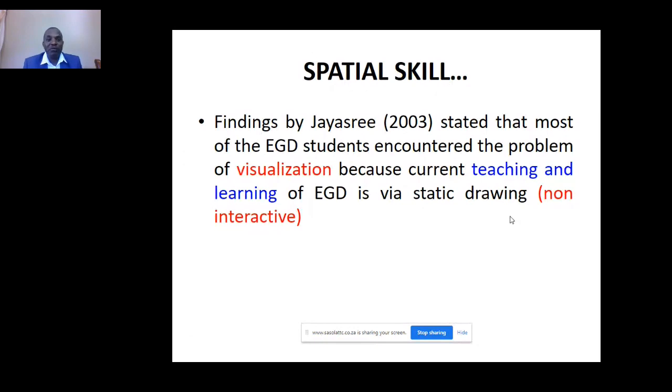To some extent, you find that teachers and lecturers are teaching things that they have never seen, and it becomes a challenge to take it down to the learners, because EGD is being taught via static drawing or a non-interactive manner, and that creates a problem.